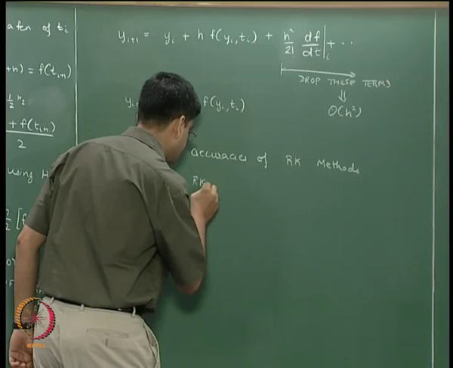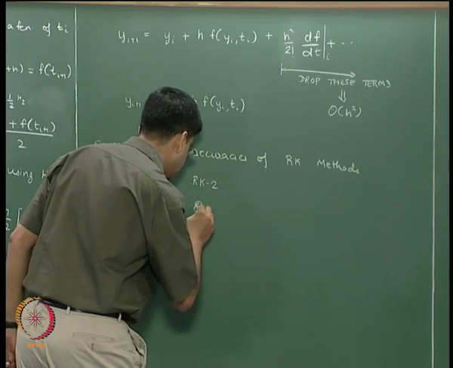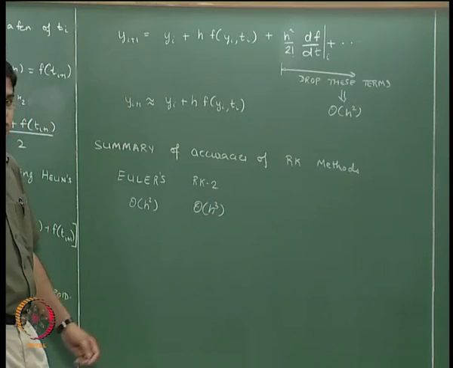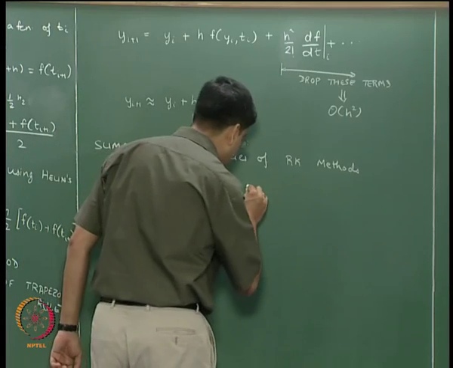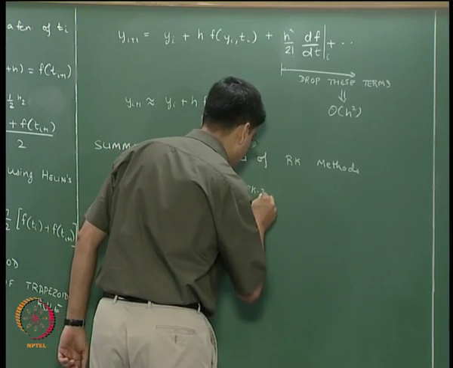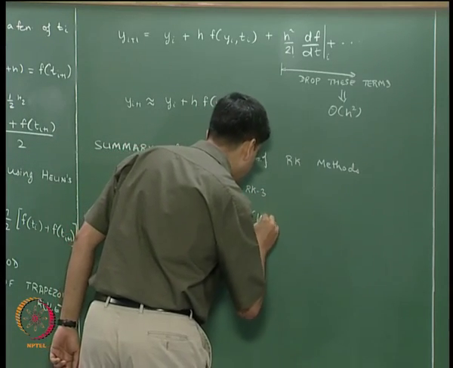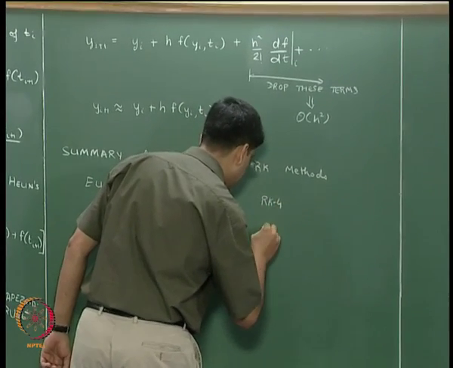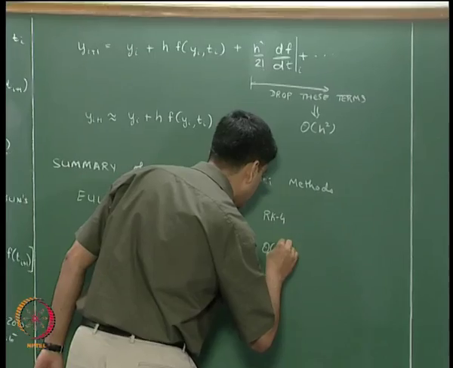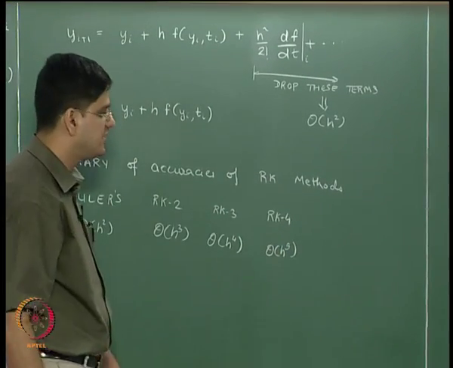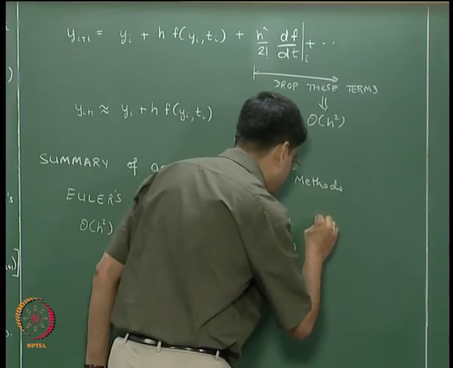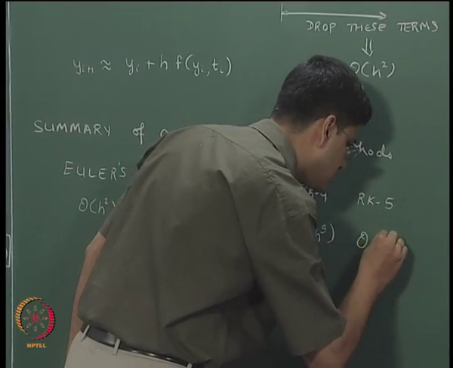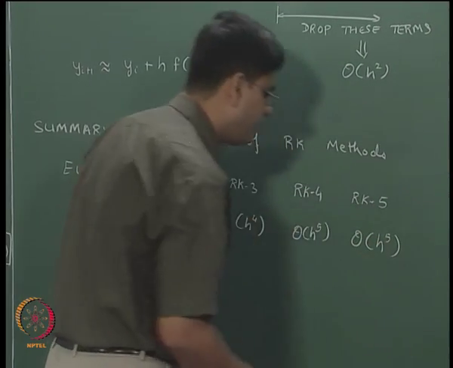RK2 that we derived in the previous lecture is accurate to the order of h cubed. The best RK3 method is accurate to the order of h to the power 4. RK4 method, the best one, is accurate to the order of h to the power 5, and now this is where the fun starts. RK5 method is also accurate to the order 5.